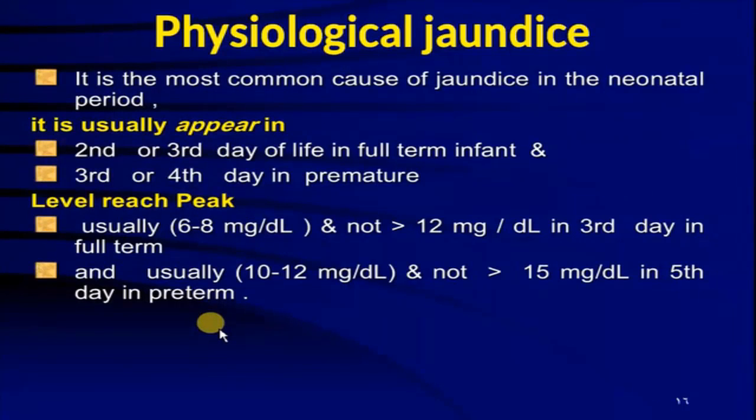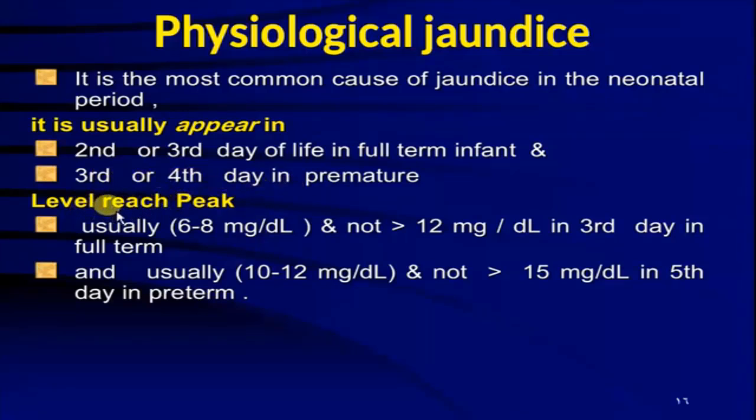Now we talk about physiological jaundice, which is the most common cause of neonatal jaundice. It usually appears on the second or third day of life in a full-term infant, and the third or fourth day in a preterm infant.